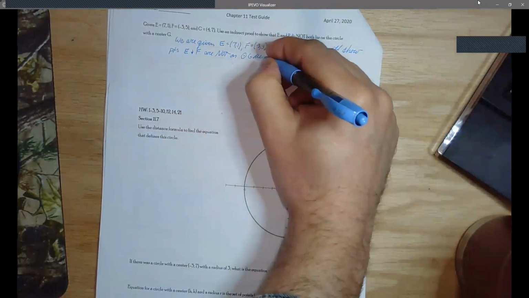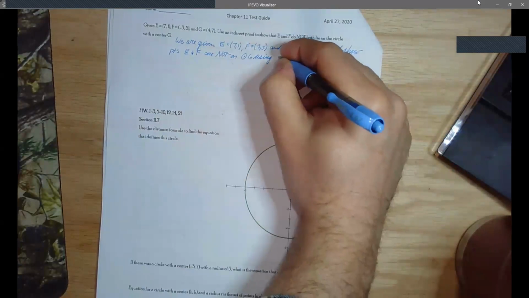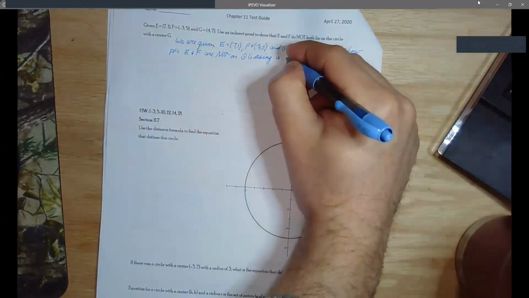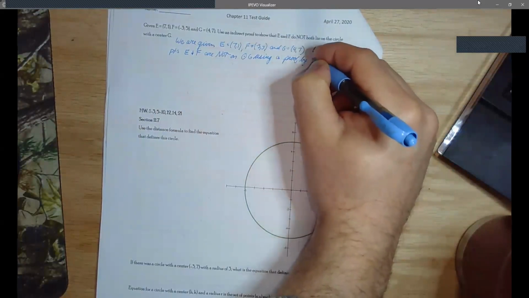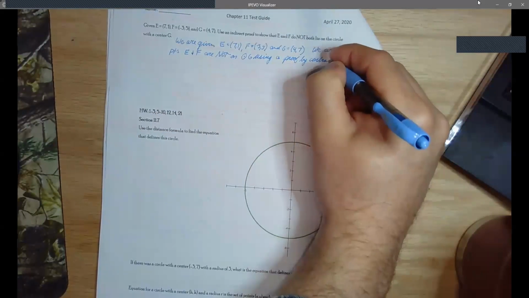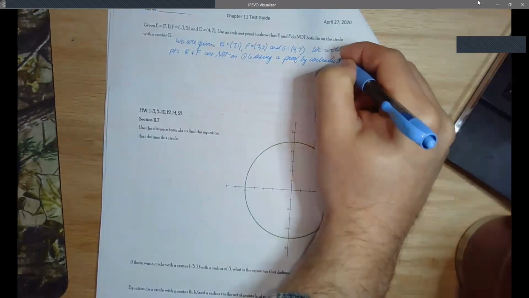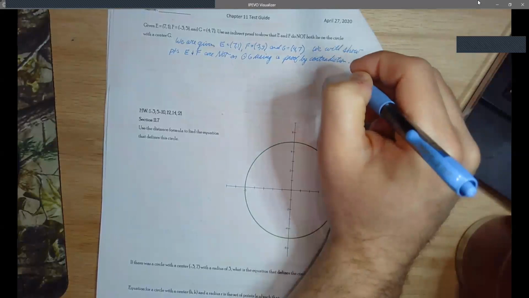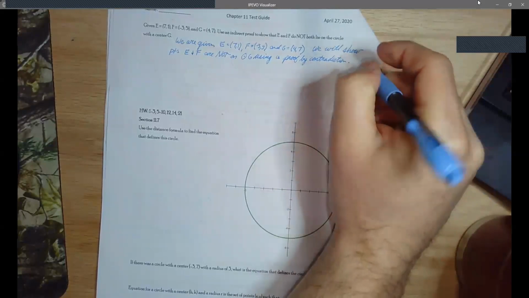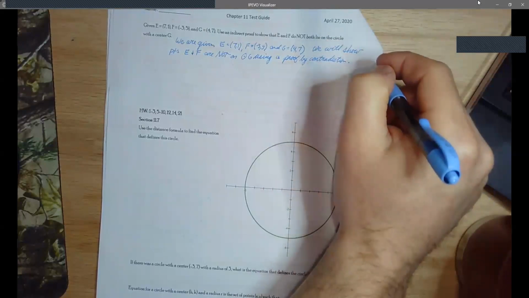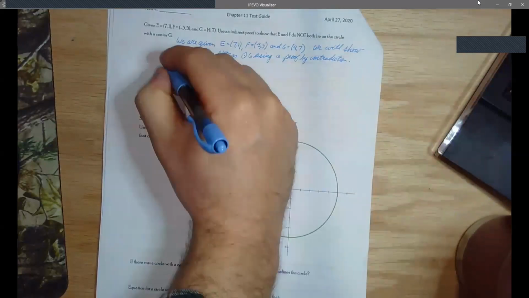Let's just keep going, using an indirect proof, or a proof by contradiction. So now we have to assume the opposite, or the negation, of what we're really trying to prove.